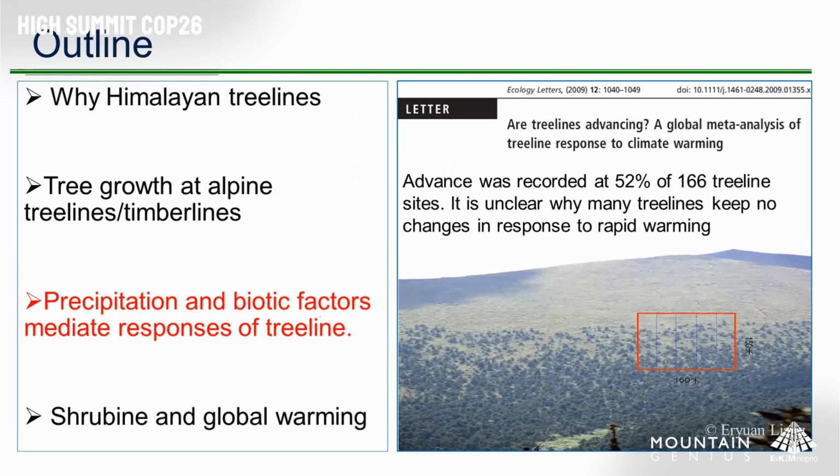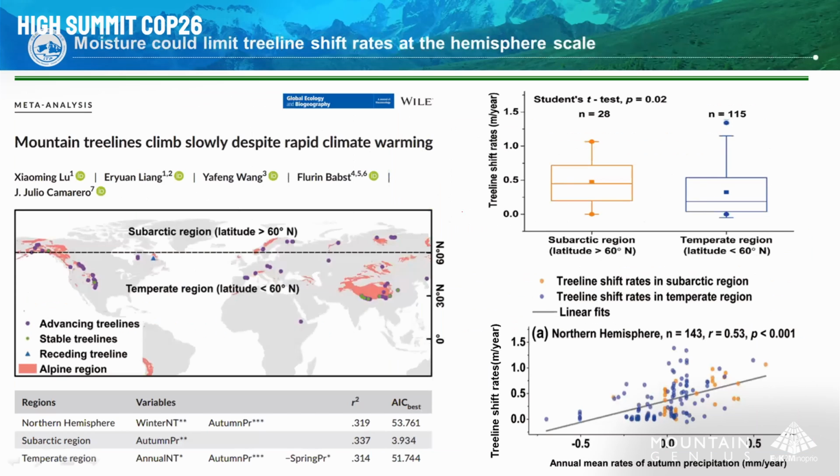Given that tree growth was limited by moisture, we would like to know what happens to the tree line in the last 200 years. Will the tree line position move up, down, or just stay stable? For this research, we used a meta-analysis of tree line sites in the Northern Hemisphere.